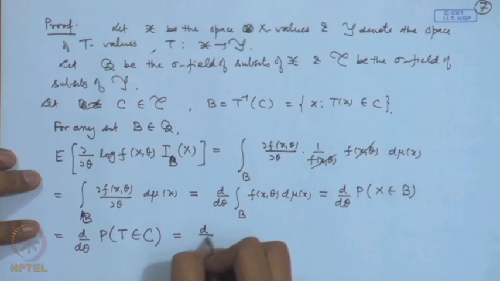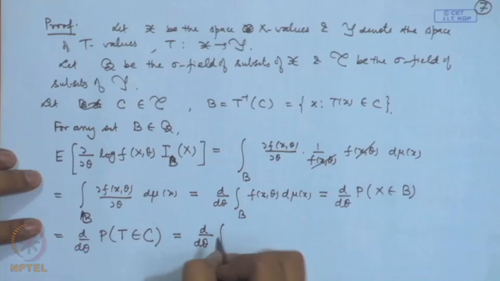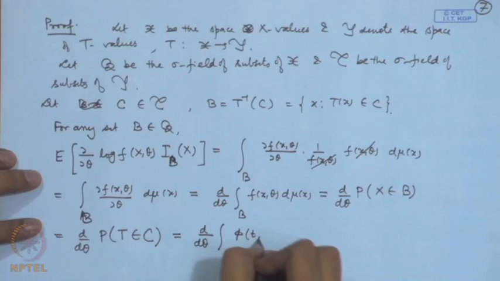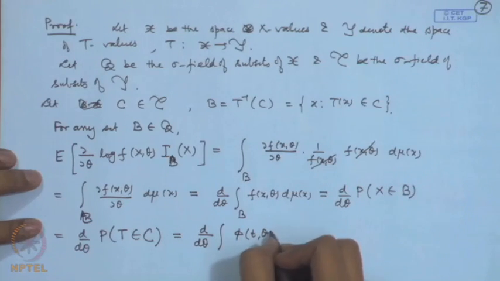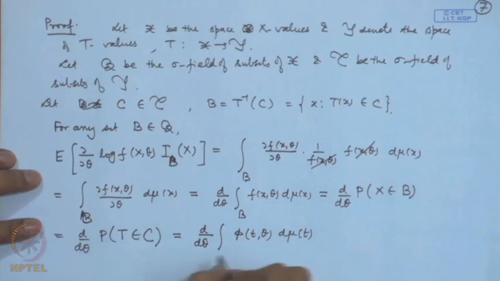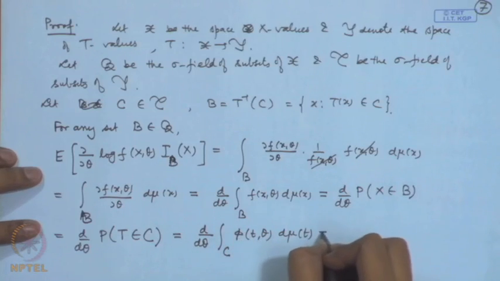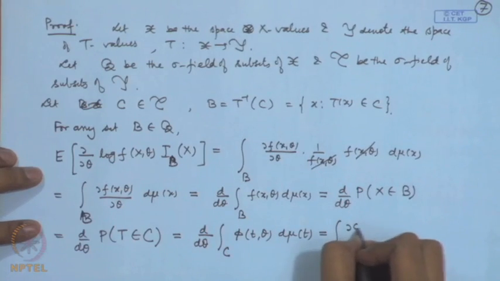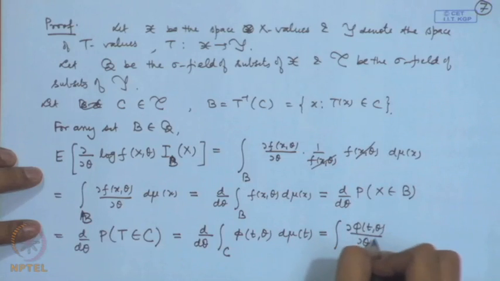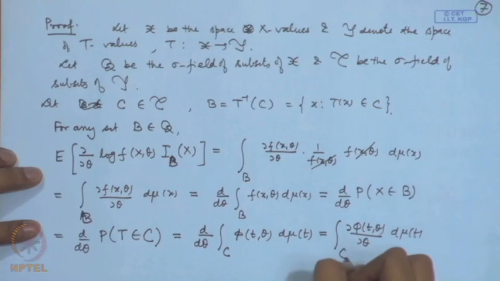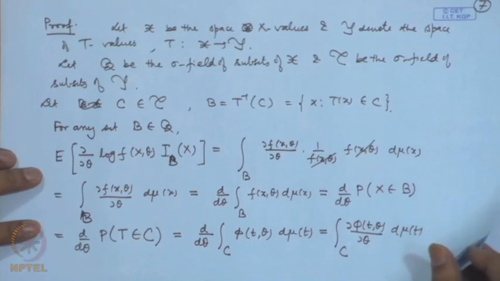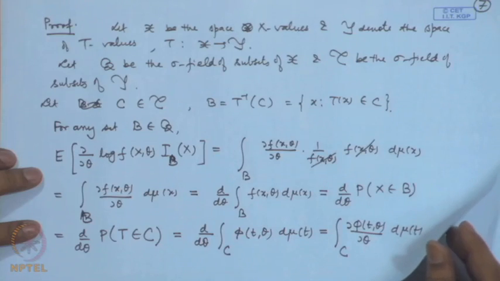Therefore, we can write it as d by d theta of the integral of phi(t, theta), that is the density of T, with respect to the corresponding measure over the set C. Once again, we have made the assumption that we can consider differentiation under the integral sign. So, this becomes the integral of del phi by del theta d mu_t over the set C. Now, we can divide and multiply by the density of T inside the integral sign.